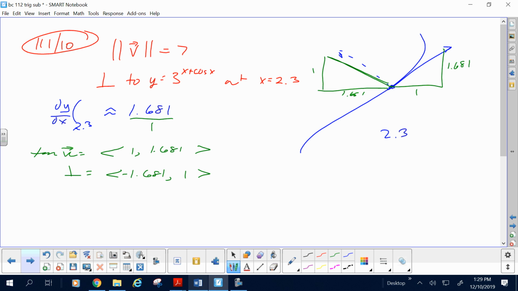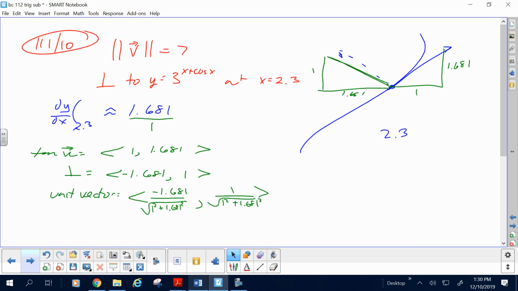So now we need to make the length 7. How do I do that? When it says magnitude 7, that means the length of the vector needs to be 7 units. So now let's make it a unit vector. To shorten it up, you divide by the magnitude of the vector, which is just Pythagorean theorem. Keep the components in the numerator the same, because that handles the direction being correct. But then you shorten it by Pythagorean theorem. Now that vector is perpendicular and 1 unit long. Now how do I stretch it to be 7 units long?